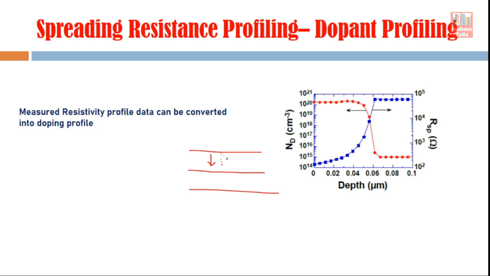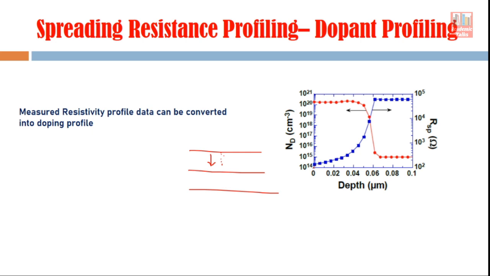So when we go inside the material, the resistivity will keep on increasing like this. The axis for reading this blue data is here. This is the spreading resistance, and from the spreading resistance we can theoretically calculate how many dopants are there. The calculated value of dopants is given here in the red line, and the scale for this is here.